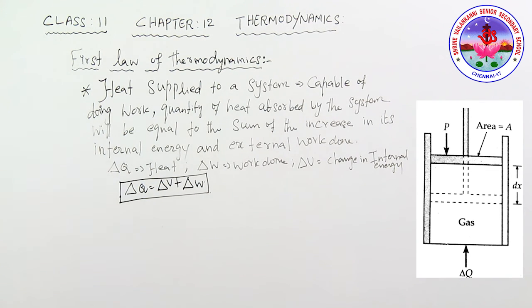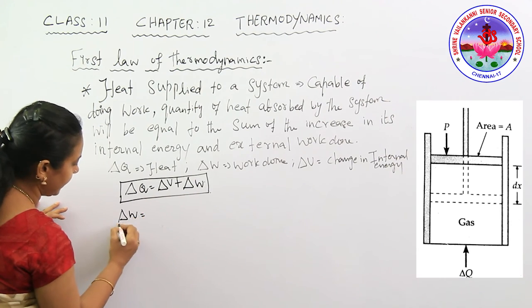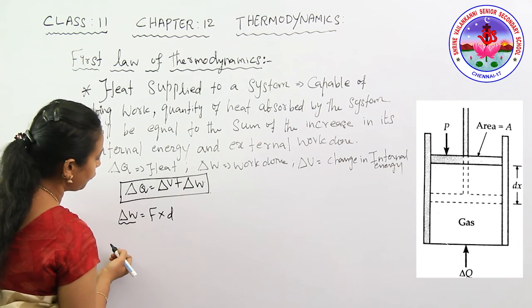Now, the system which I have shown is the gas contained in a cylinder, provided with a movable piston. So it is a movable piston which you are seeing, right? Then the gas does work in moving the piston. Now the work done by the system against the constant pressure P, del W, is equal to F into D. Right, the work done, force into displacement.